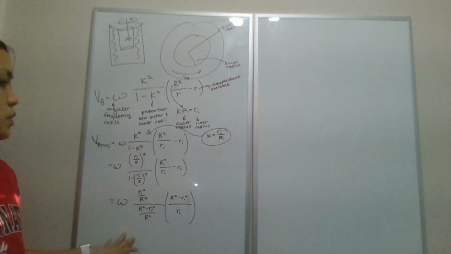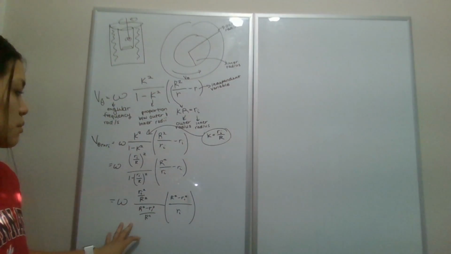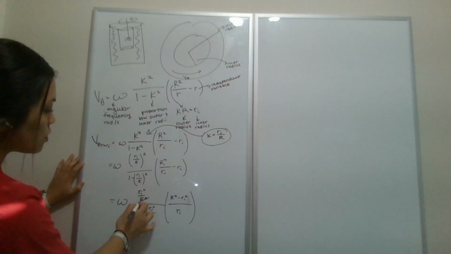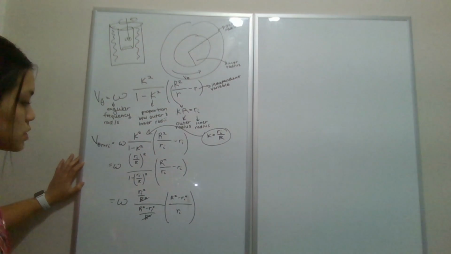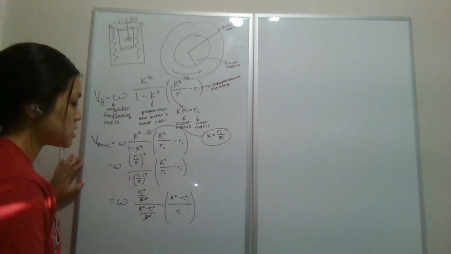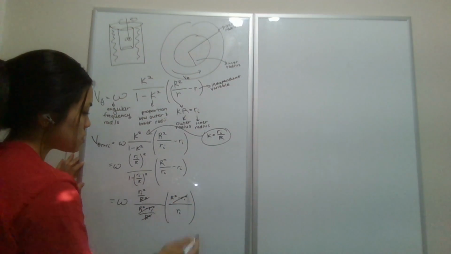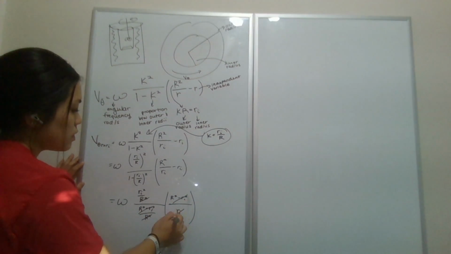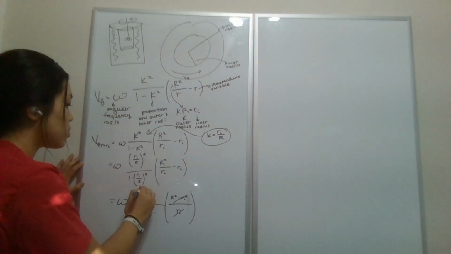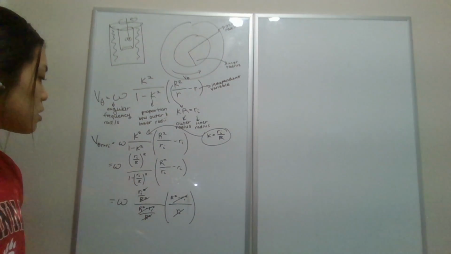And if we were to cancel out our similar terms, the two outer radius squared cancel, and the two outer radius squared minus inner radius squared cancel, and the inner radius in this denominator here cancels out with one of the inner radius in this numerator here.